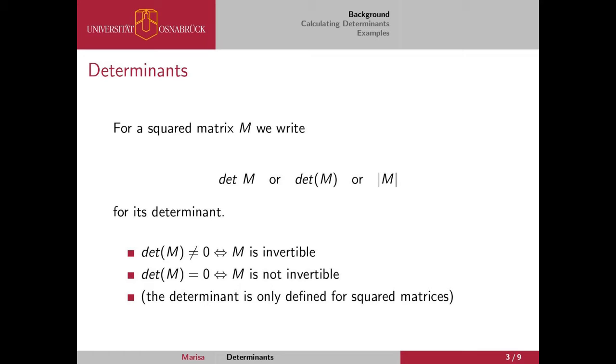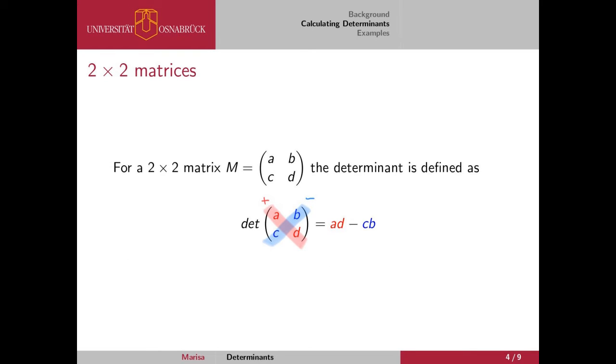So now you know all the necessary background information. You know what the determinant tells us and how we need to evaluate the result. So now we can dive into the calculation process. First of all, let us start with a 2 times 2 matrix. For a 2 times 2 matrix, which we can write as A, B, C, D, we define the determinant as A times D minus C times B. You can see this marked in colors here.